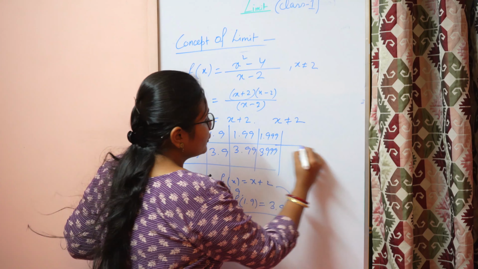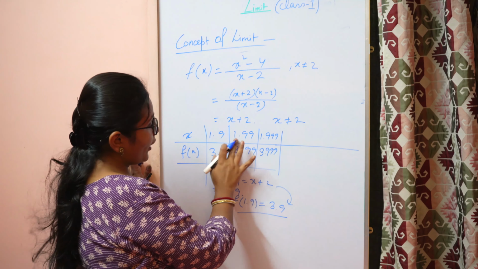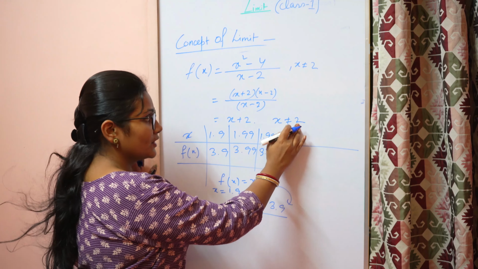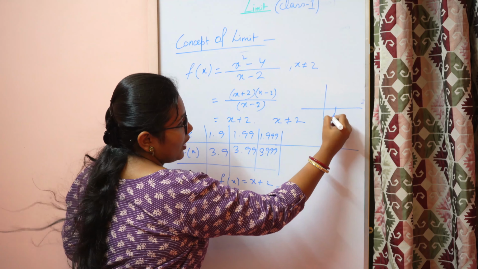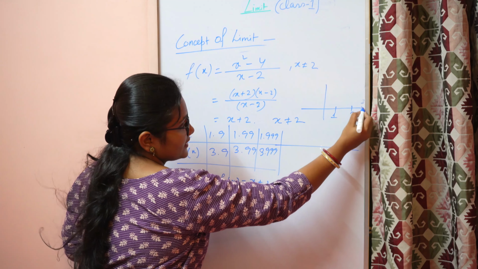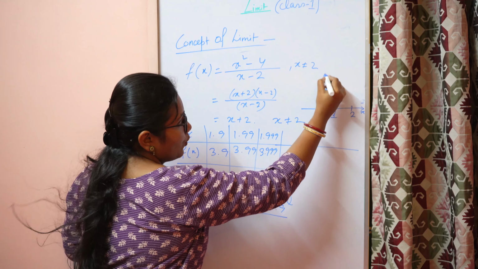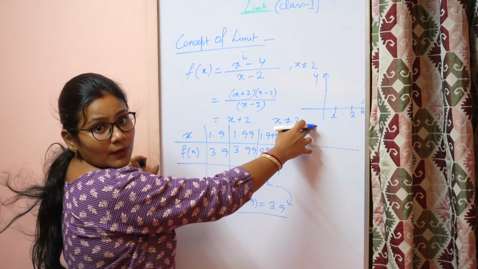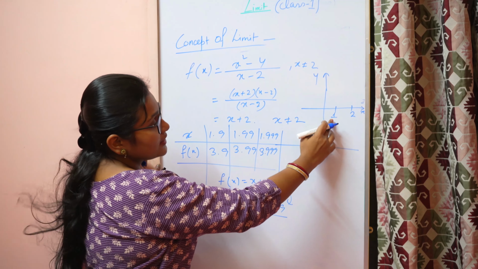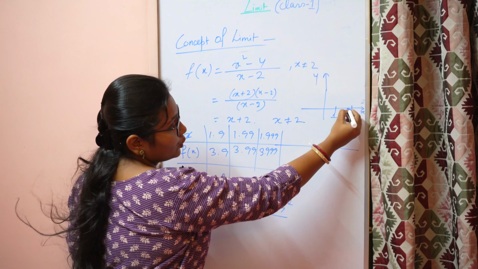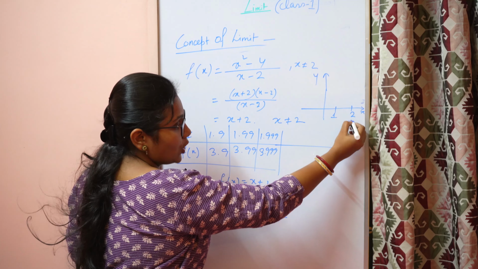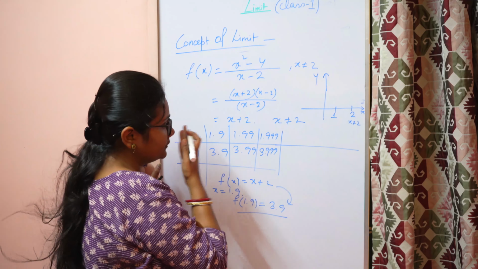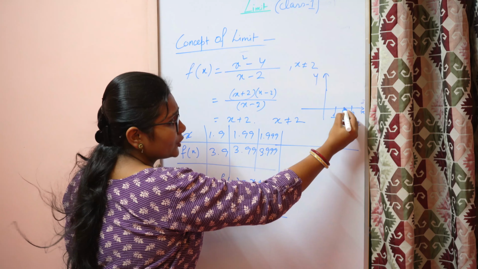Now you can see this is a point that is close to 2. Suppose this is the x axis and this is the y axis. Now suppose you are taking a point not exactly 2, but near 2.